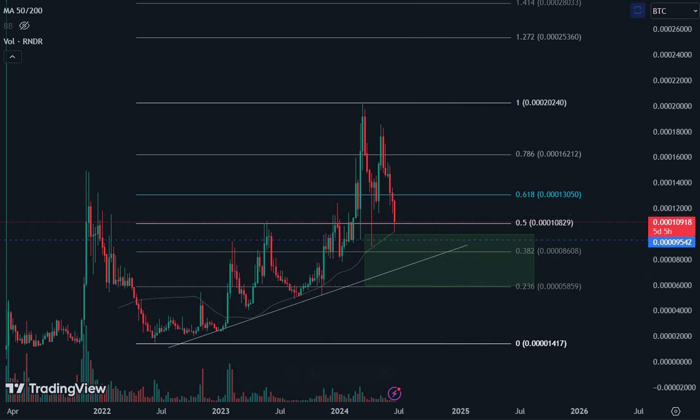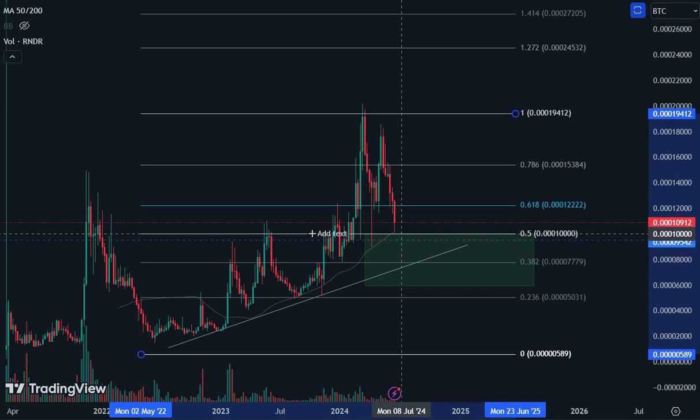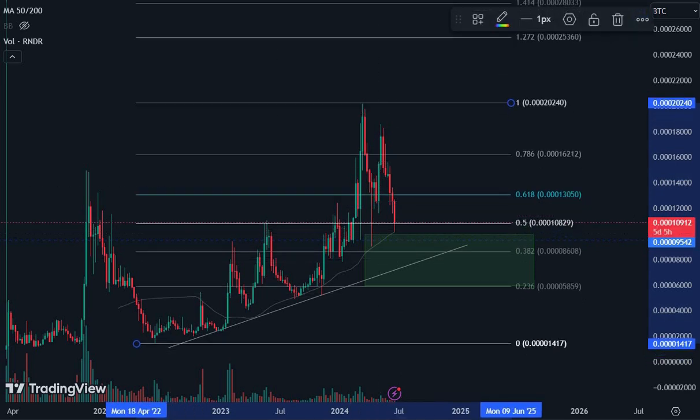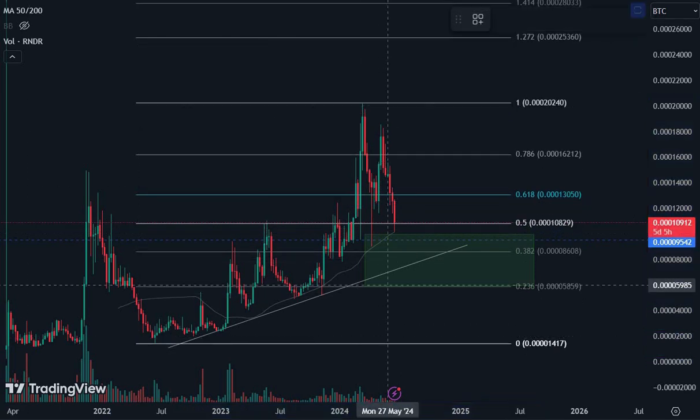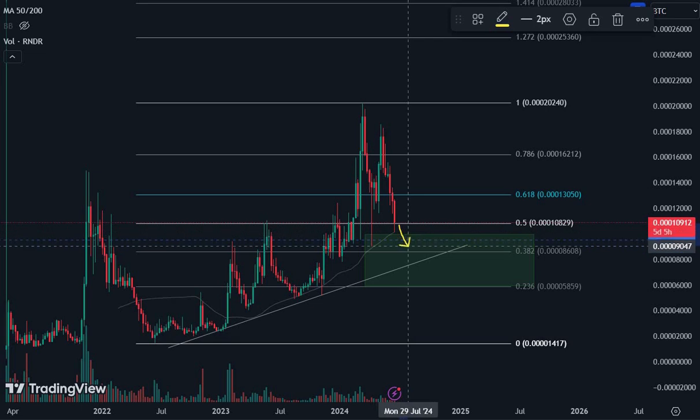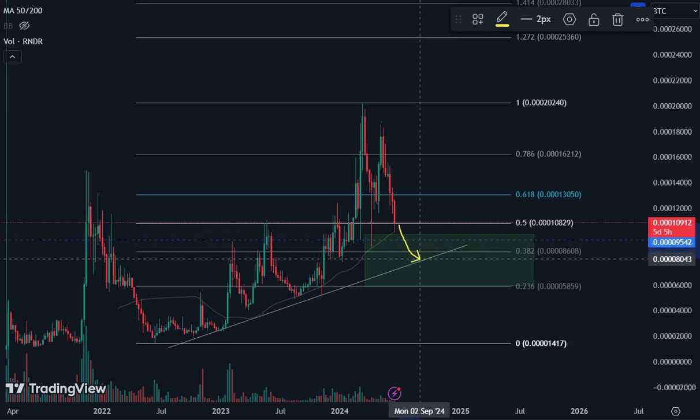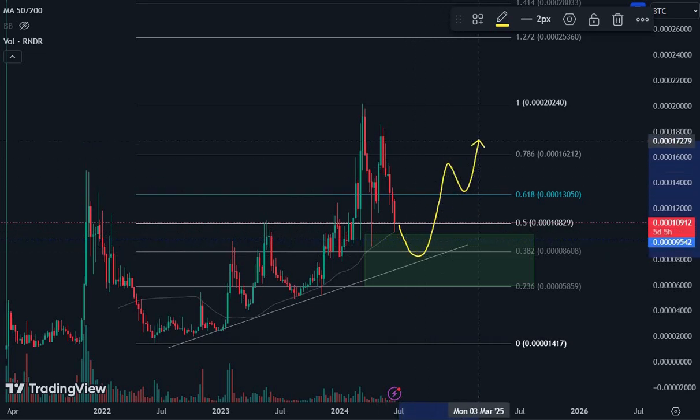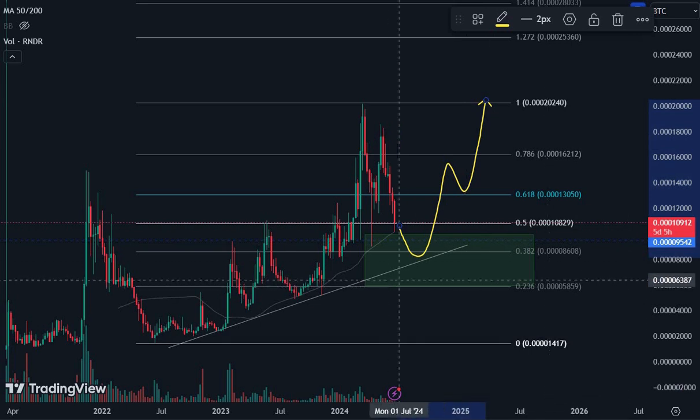However, I believe it's possible for Render to reach this level right here and continue the uptrend like this, because we have not only the Fibonacci retracement level and an uptrend, but also this moving average.